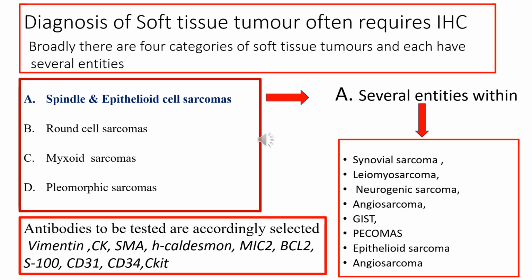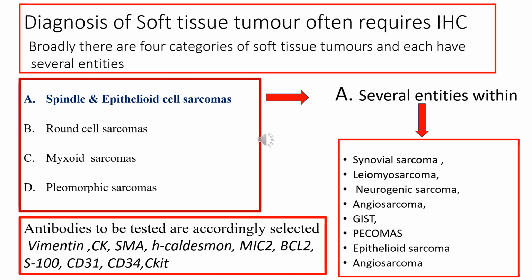For example, in category A, that is spindle and epithelioid cell sarcomas, the entities which can be included are synovial sarcoma, leiomyosarcoma, neurogenic sarcoma, angiosarcoma, GIST, PEComa, epithelioid sarcoma, and the list is not yet complete.